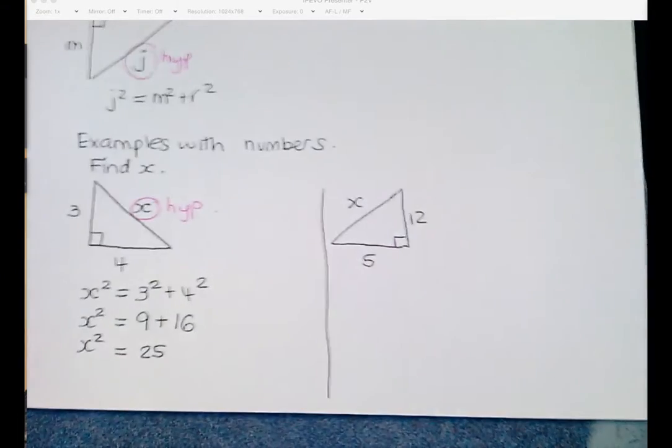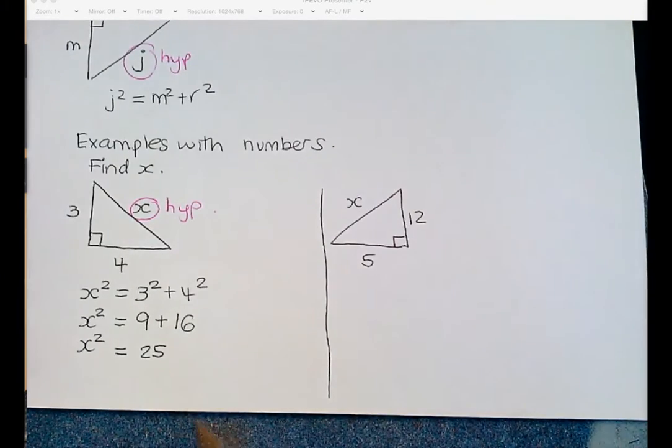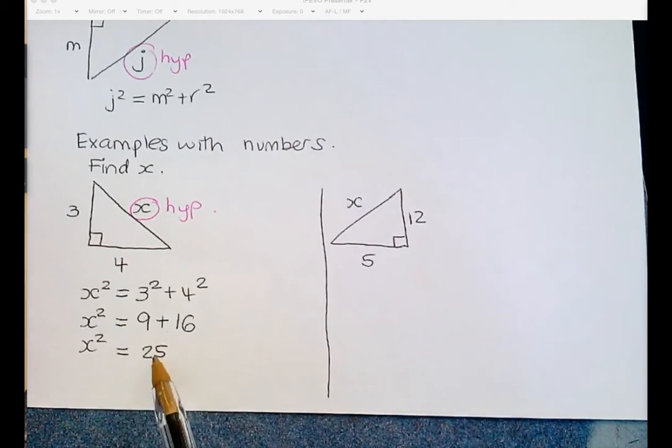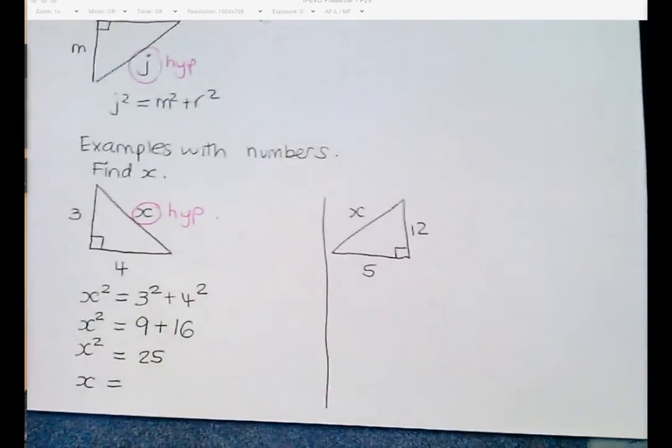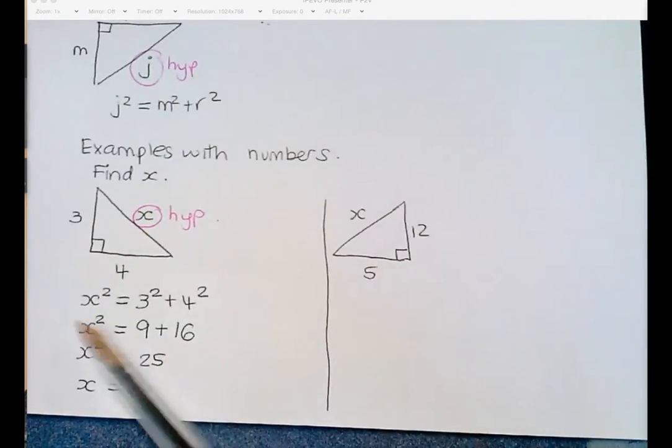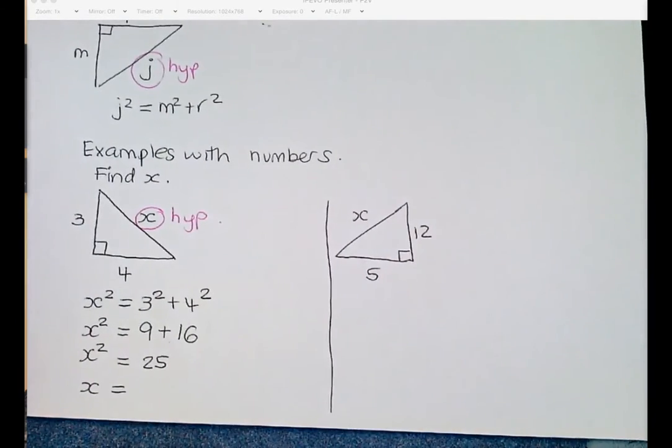Now, girls, this is where we've got to learn something new. X squared is 25. That means something times something is 25. Now, this is where we need your calculator. 5 times 5 is 25. But you have to learn something. You're trying to find x, not x squared. So we've got x squared is 25.